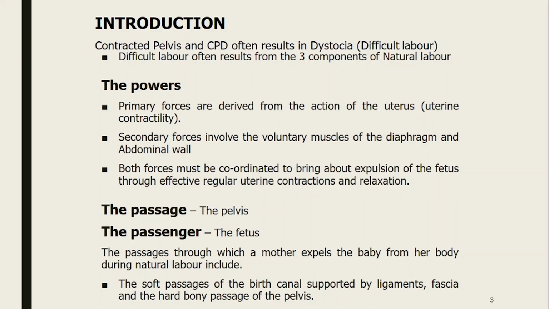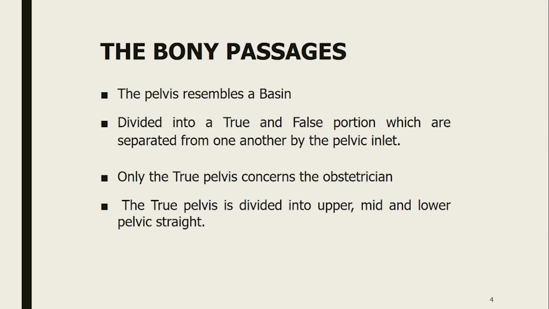Both the passage and the passenger may be a cause of prolonged or difficult labor. The passage is of two types: the soft passage of the birth canal, supported by ligaments and fascia, and the hard bony passage of the pelvis. So we shall concentrate more on the bony pelvis.